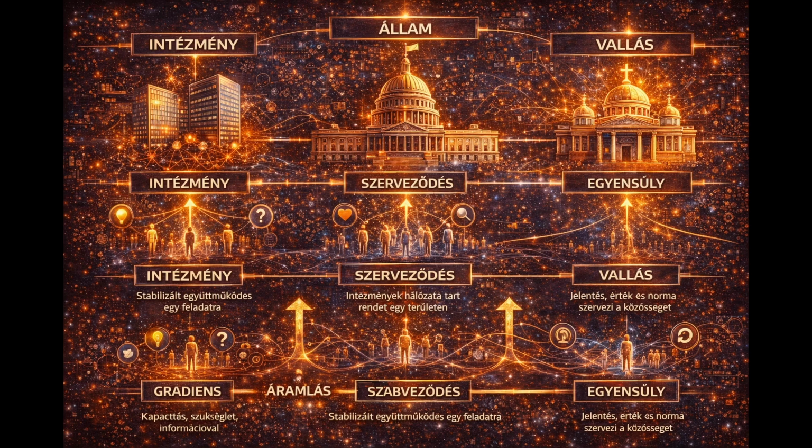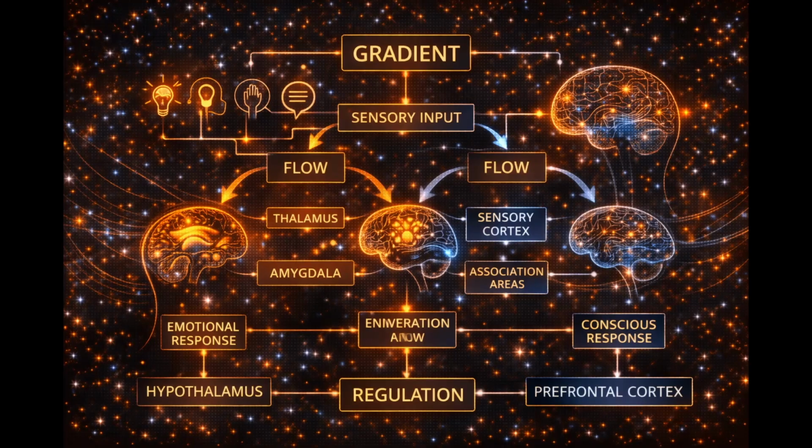The adrenal glands release adrenaline and cortisol. Heart rate increases. Blood glucose rises. Pupils dilate. The body mobilizes energy. This is the bodily side of emotion.